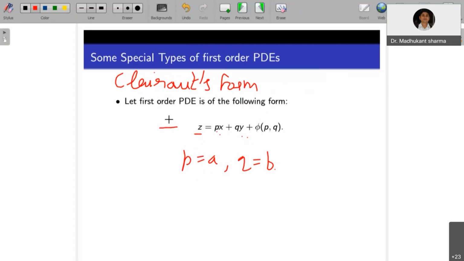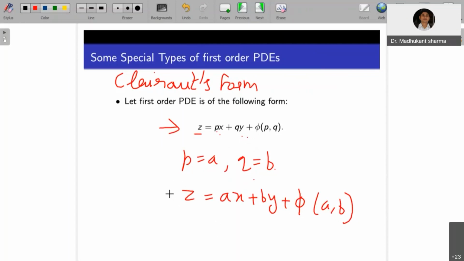Once you know this is a Clairaut's form, the general solution can be obtained by replacing p equals a and q equals b. So the general solution will be z equals ax plus by plus phi of a comma b.